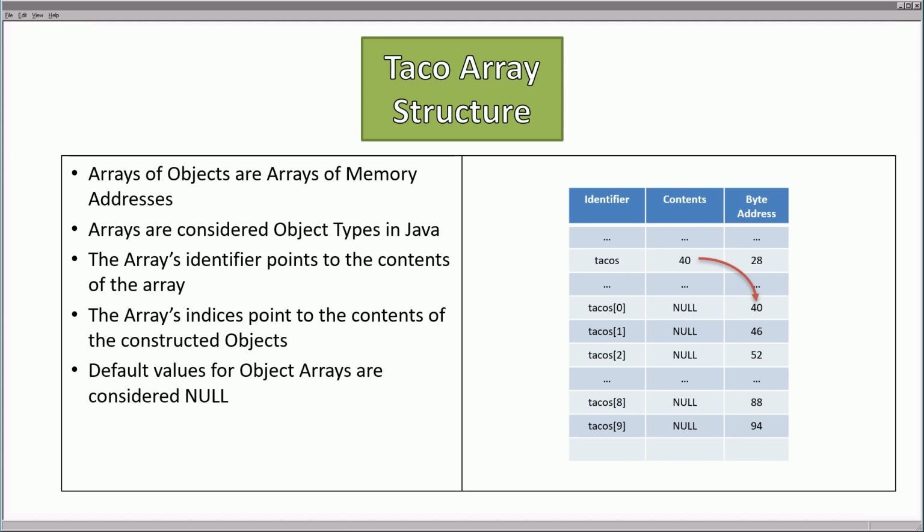The arrays only contain the reference to the object itself. Now, if we also remember back, arrays are considered class types inside of Java. So in fact, the identifier tacos will only hold a memory address that refers to the collection, the array of tacos. The default values for object arrays are null. So you'll notice here that each one of the taco elements has the null memory address.